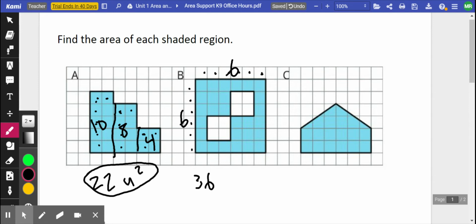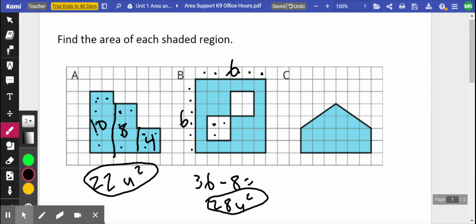So if we find the area of one, we can find the area of both. So this square is 2 units by 2 units, which is 4. If this square is 4 units, then this square is also 4 units. 4 plus 4 is 8. And so we want to subtract out the area of the unshaded squares from the large square, and that will leave us with the area of the shaded portion. 36 minus 8 is 28. So the area of the shaded portion of figure B is 28 square units.